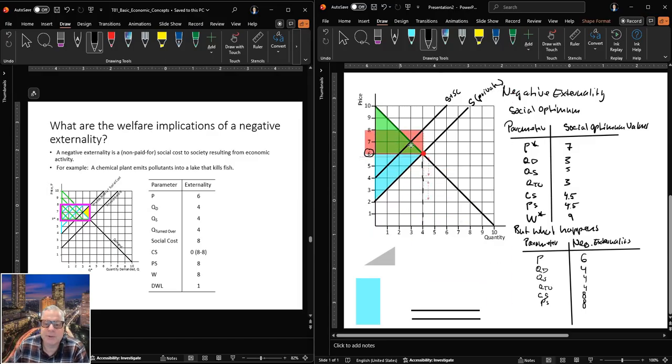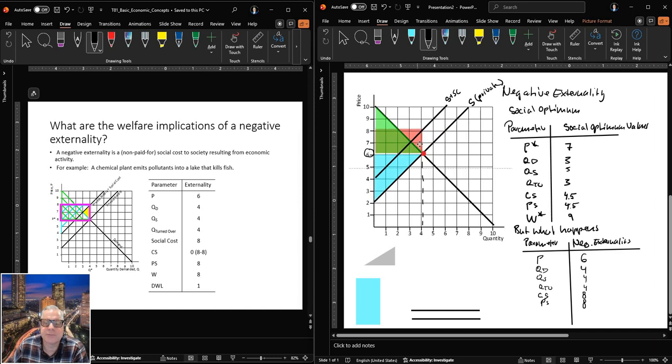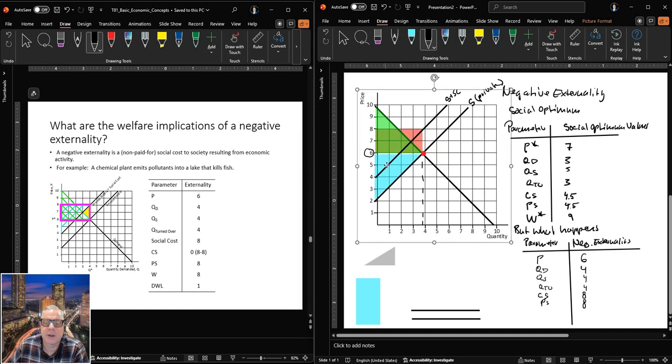So that means we have this red area, total social cost. And by the way, this area should be up here. Okay, let's just do it again.